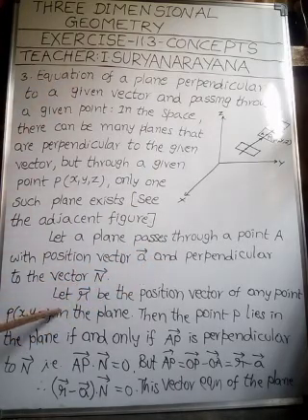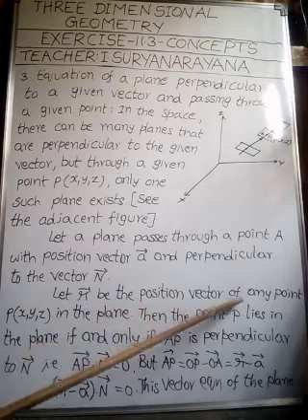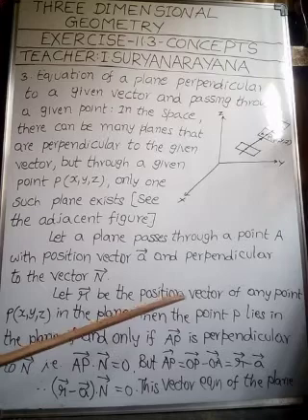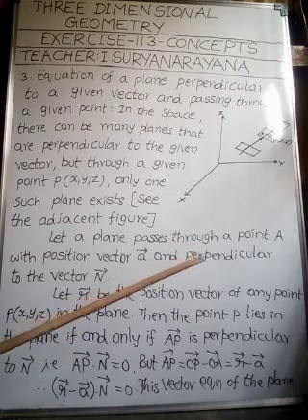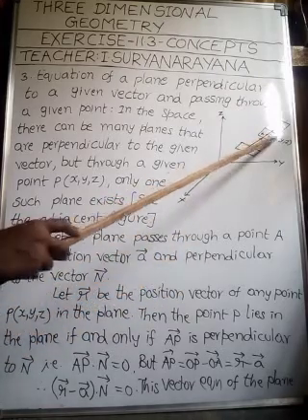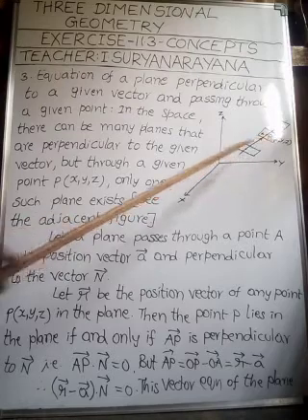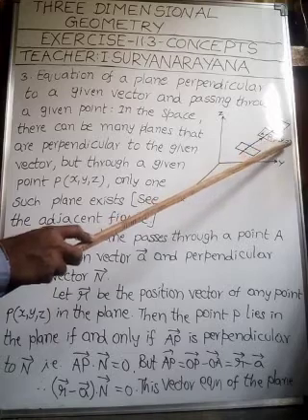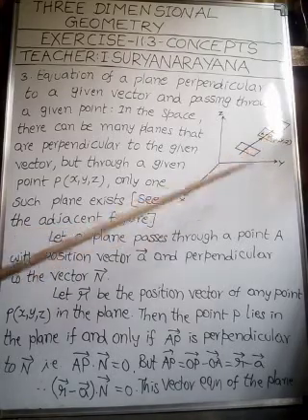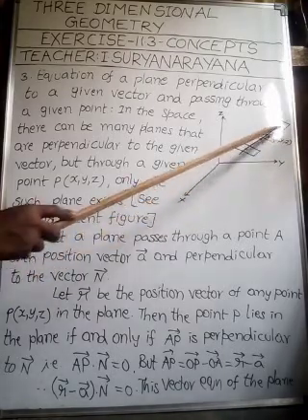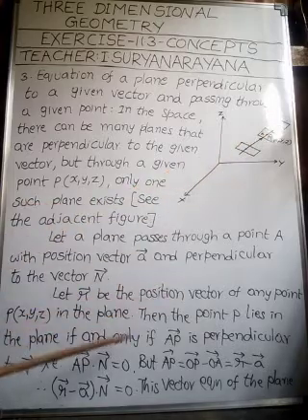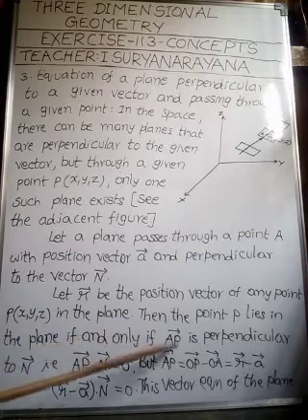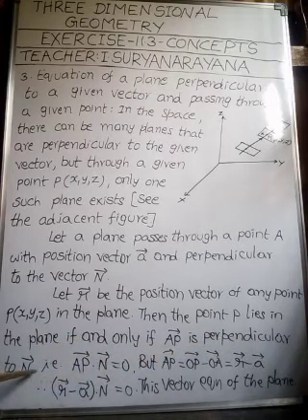Let r bar be the position vector of any point P(x, y, z) in the plane. To derive the equation of this plane, we choose any point P in the plane with position vector r bar and coordinates x, y, z. Then the point P lies in the plane if and only if AP bar is perpendicular to n bar.